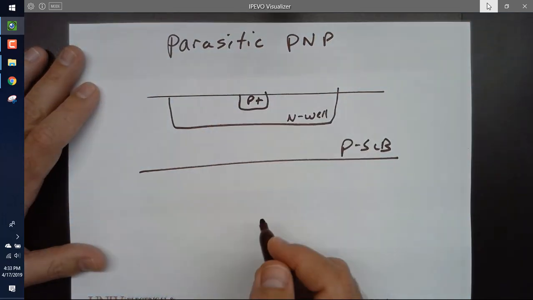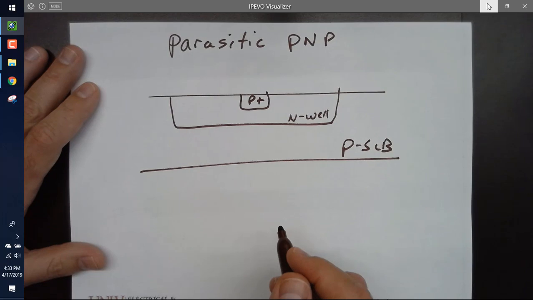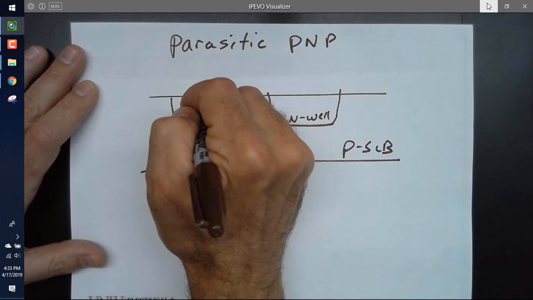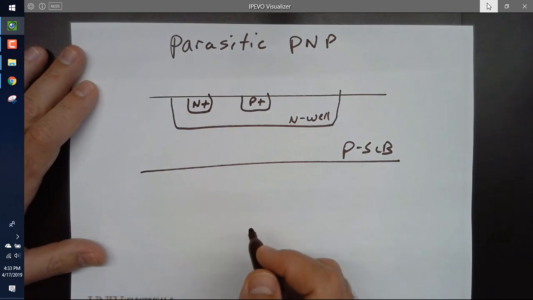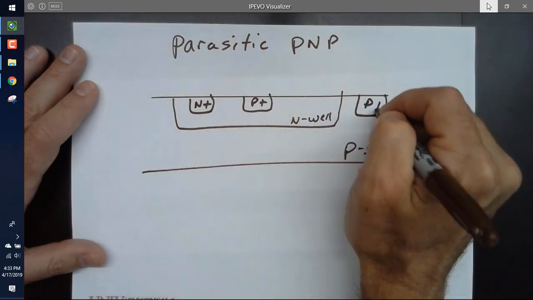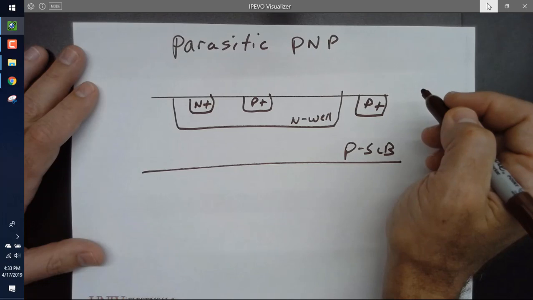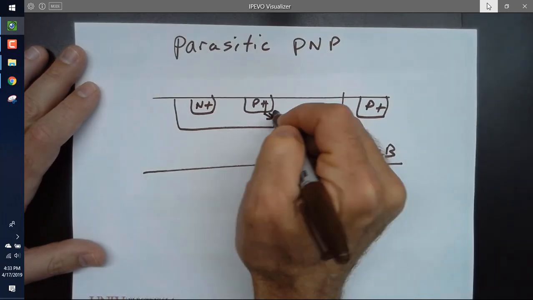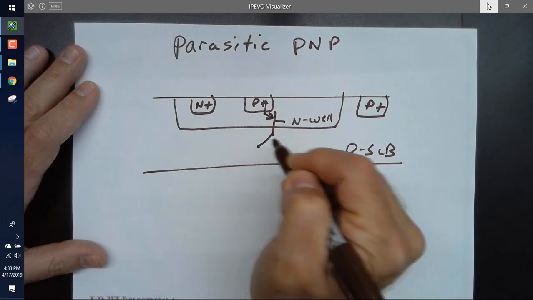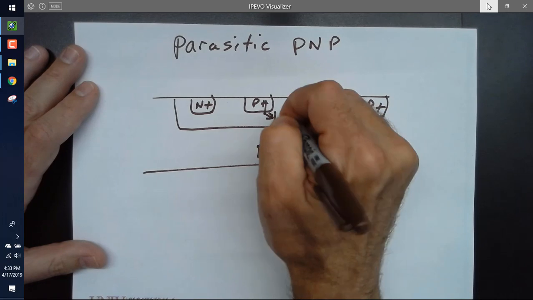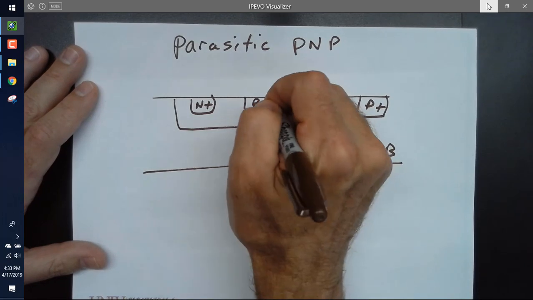And how do you connect to the N-well, people that have taken 421, 621? N plus. How do you connect to the P substrate? P plus. Right? And then you have a parasitic PNP, where your collector is the P sub, your base is the N-well, and your emitter is the P plus.